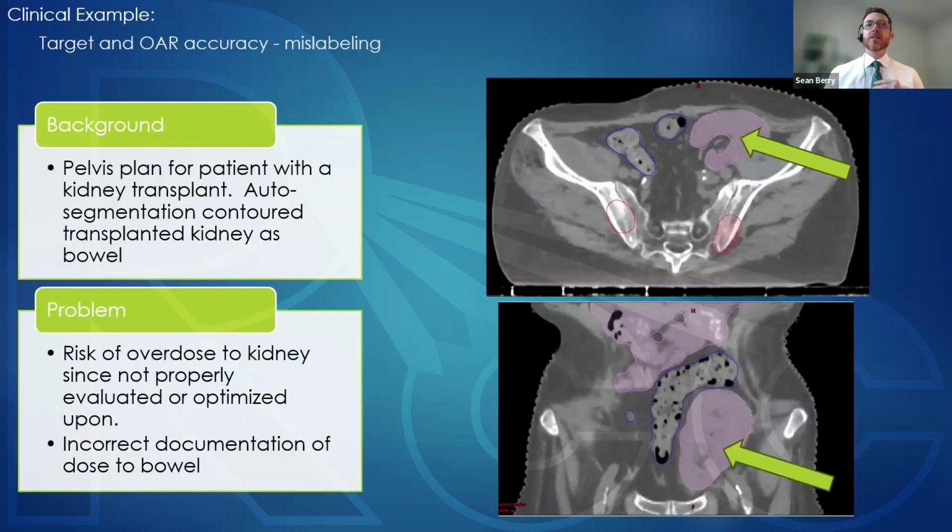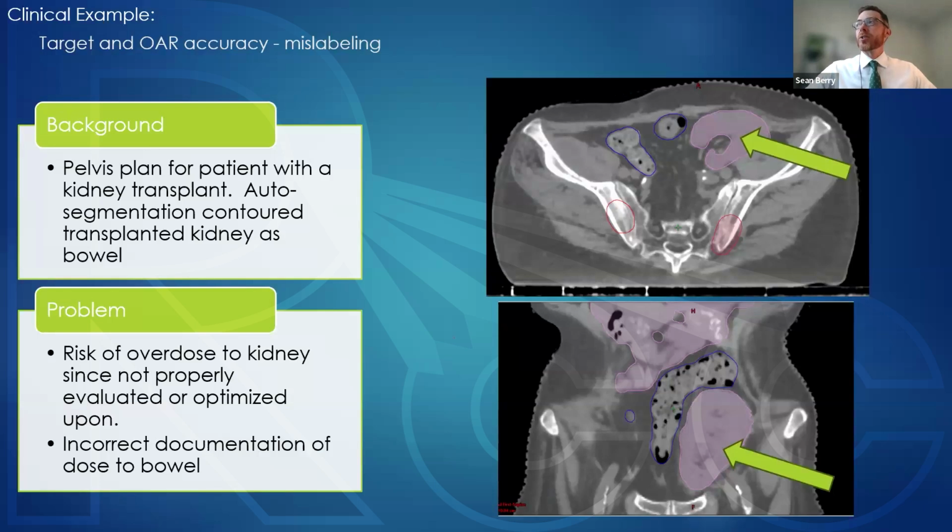Now here's a case, an unusual case, where the patient had a kidney transplant, and the transplanted kidney goes into their pelvis, not up in their abdomen where the kidneys usually are. And this patient was segmented using an AI algorithm.